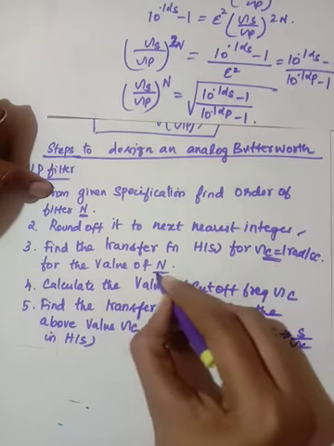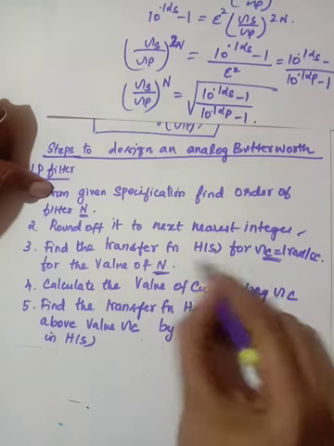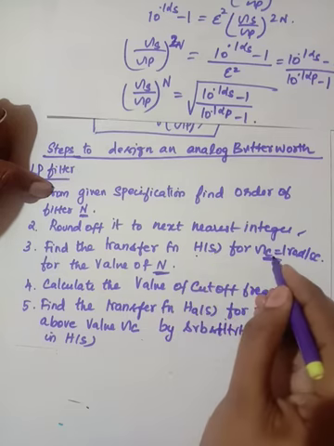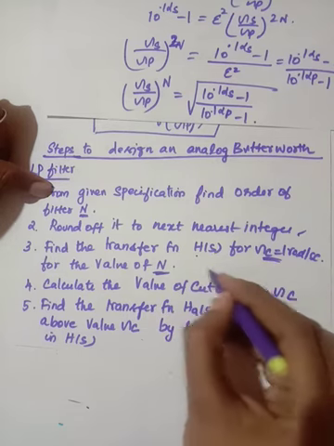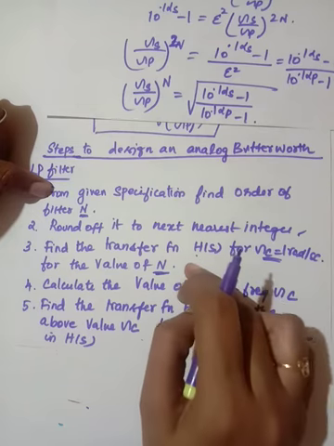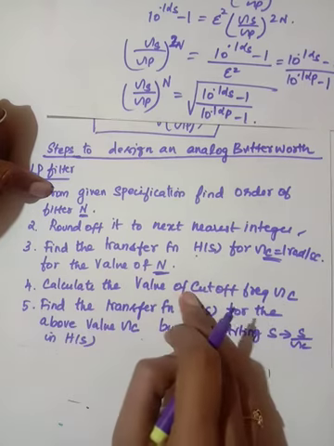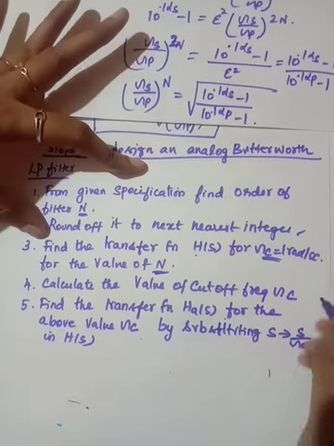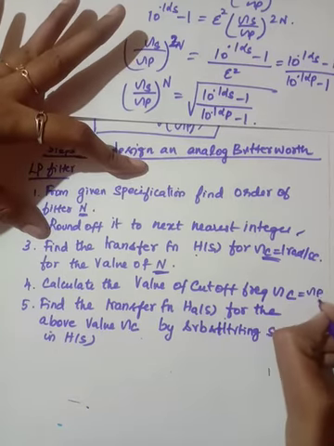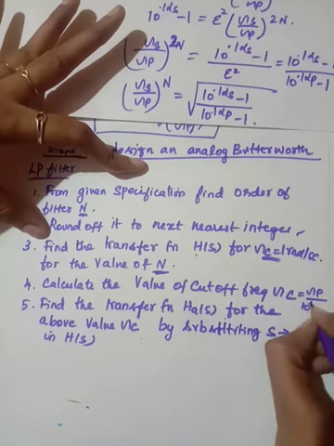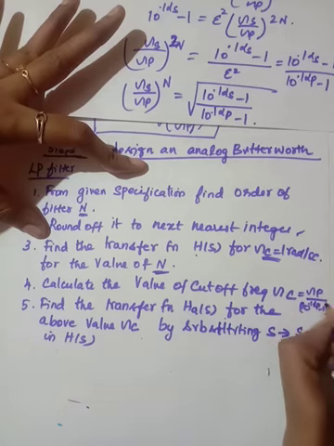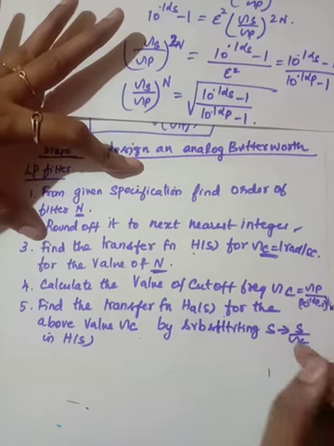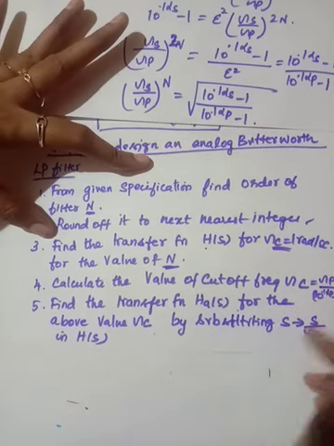We have already designed this transfer function for omega c equal to 1 radian per second, and we need to use it here. Then we need to calculate the cutoff frequency, omega c, which we found as omega p divided by (10 power 0.1 alpha p minus 1) whole power 1 by 2n. So using this formula you need to find it.